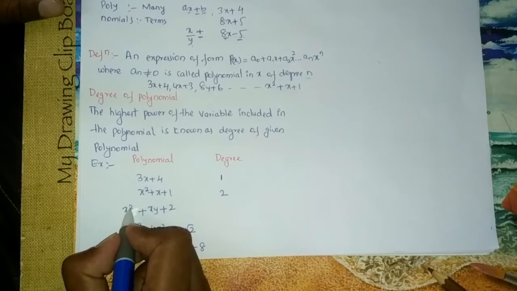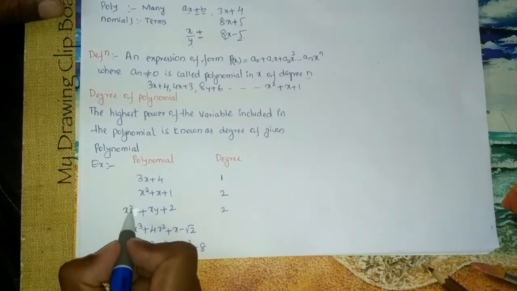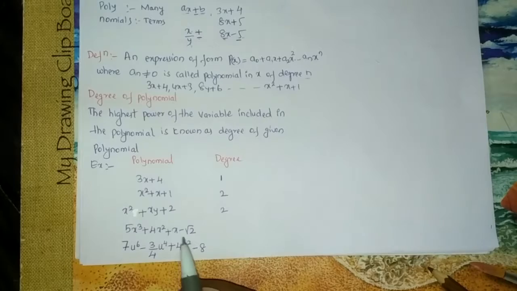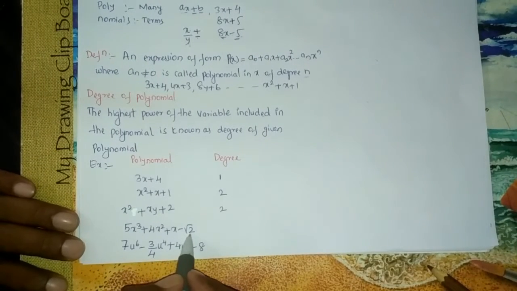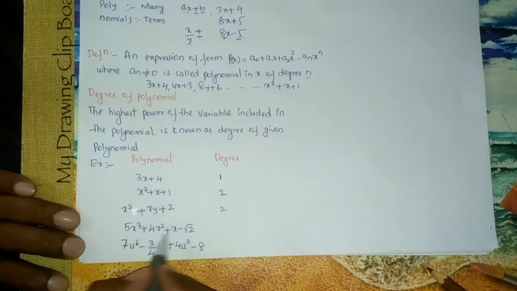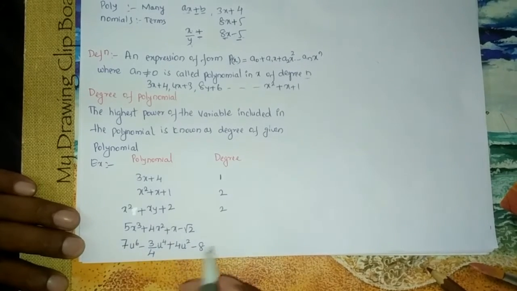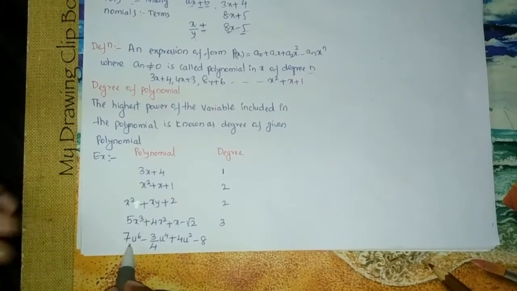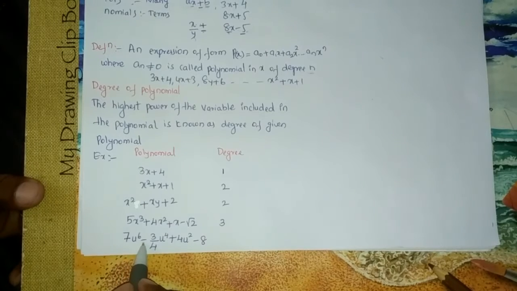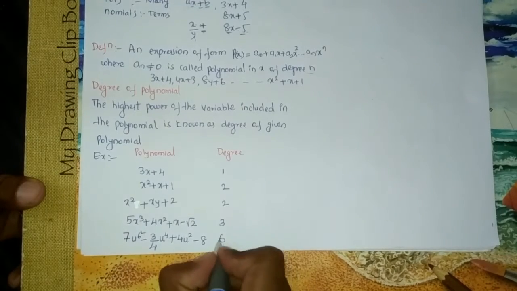Here we have highest power as 2, so degree will be 2. Here we have 5x cube plus 4x square plus x minus root 2. The highest degree in this expression is 3, so degree will be 3. And in this example we have 7u raised to 6 minus 3 by 4 u raised to 4 plus 4u square minus 8. So the highest power, that is exponent, is 6, so degree will be 6.